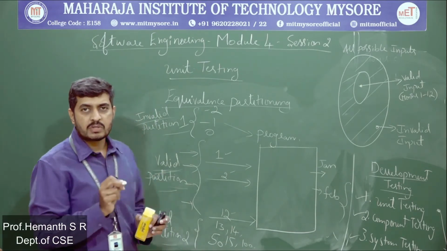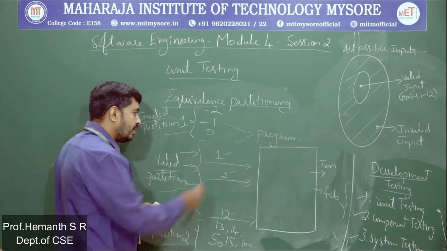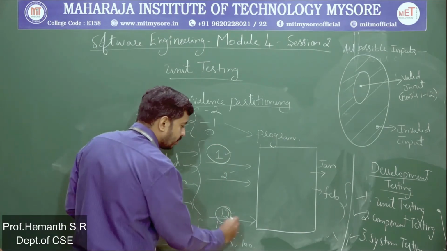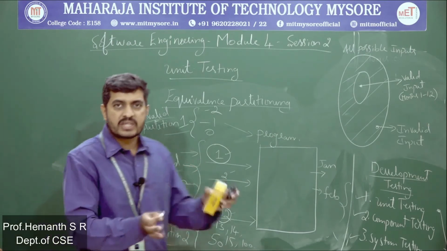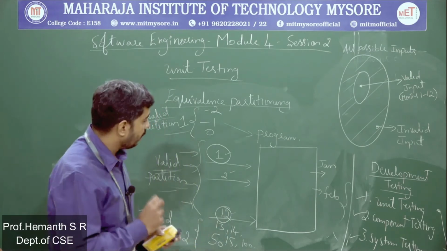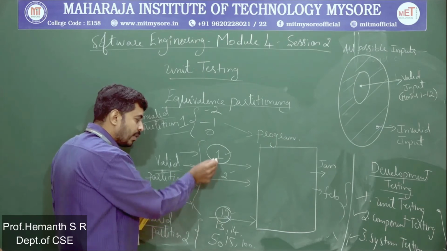What are the boundary values of a valid partition in this example? The boundary values are 1, which is the minimum, and 12, which is the maximum. Please note 1 and 12 are at the two extremes, so they are the two boundaries, and the mid will also be taken into consideration.